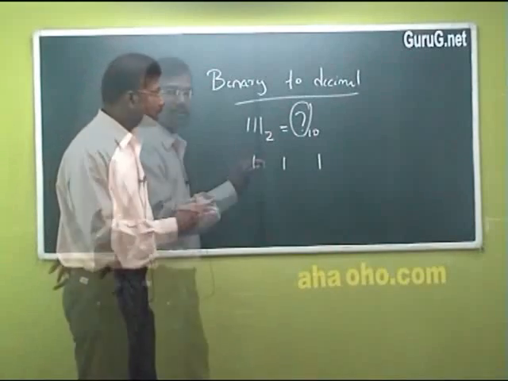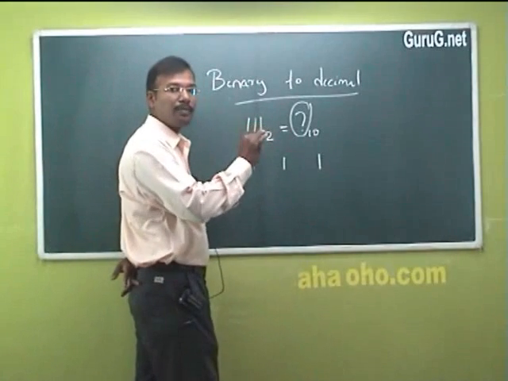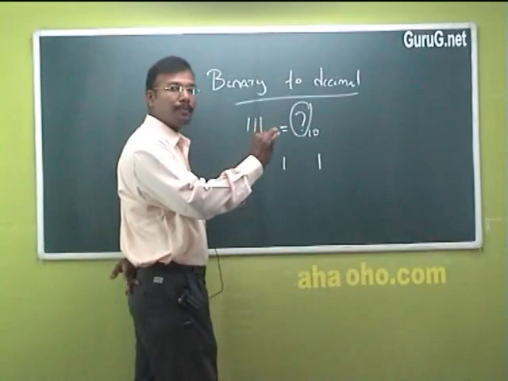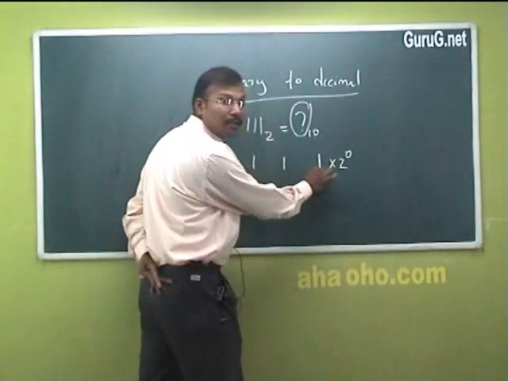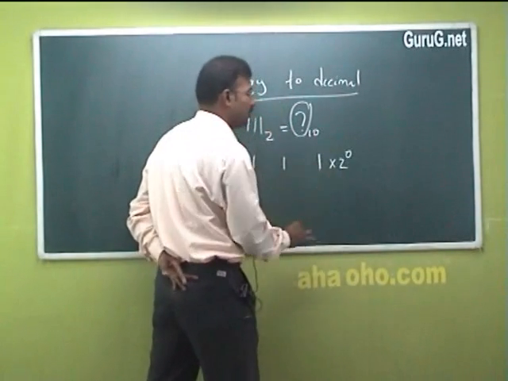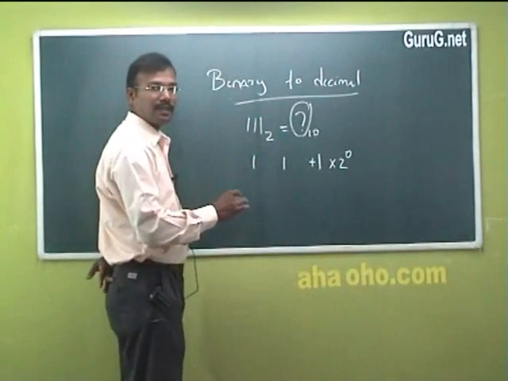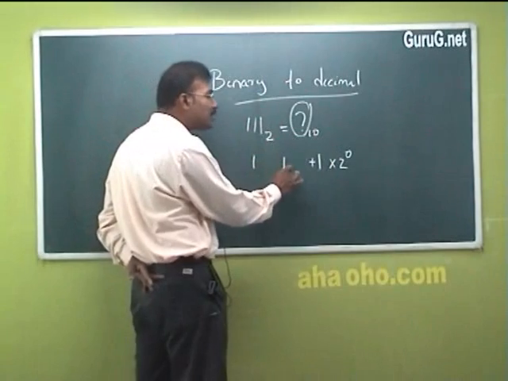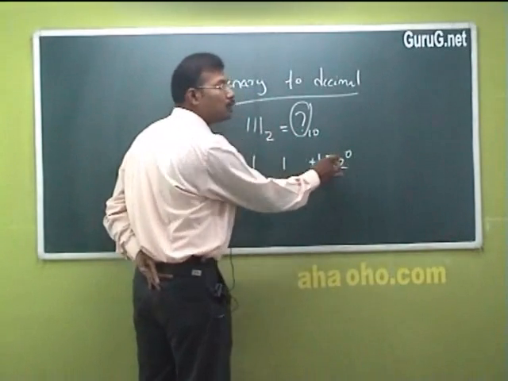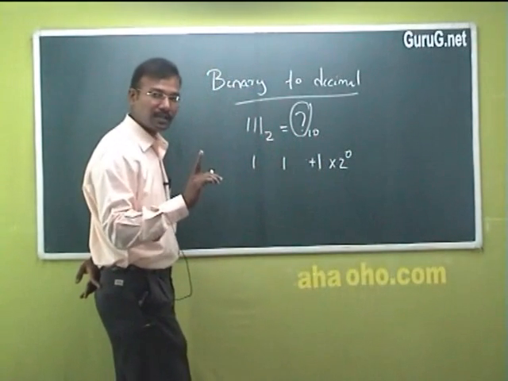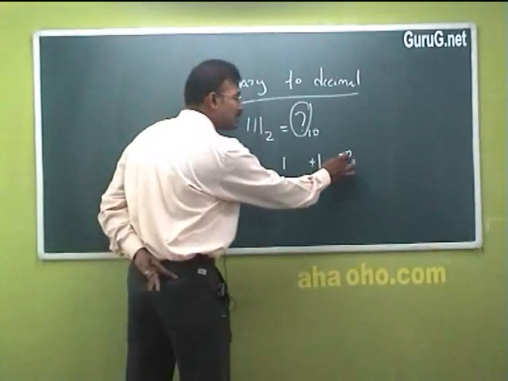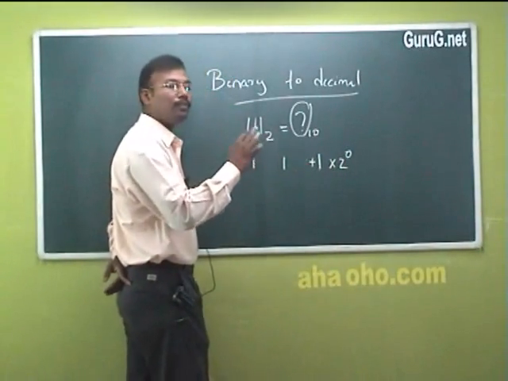This LSB should be multiplied by 2 power 0. So 1 into 2 power 0. This should be added with the next bit, and you need to increase the power of 2 by 1.